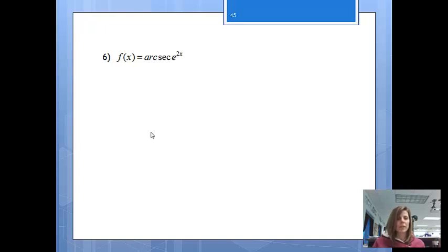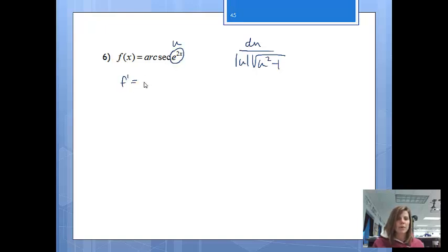All right, let's try another one. This one says arc secant of e to the 2x. Well, the first thing that I need to make sure I know is what's my arc secant formula. It's going to be du over the absolute value of u, and then times the square root of u squared minus 1. So in this case, my u is going to be e to the 2x, because that's what's right next to the arc function.